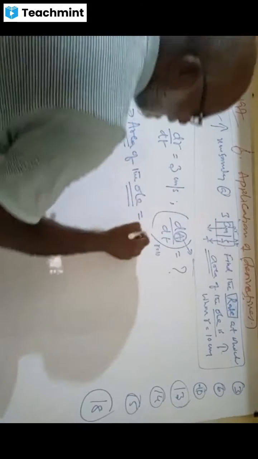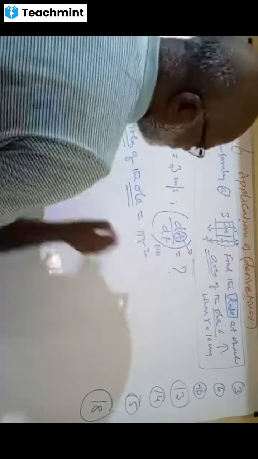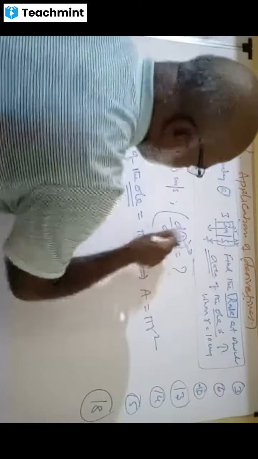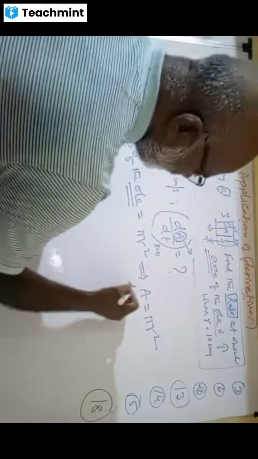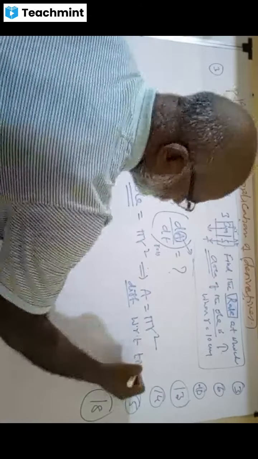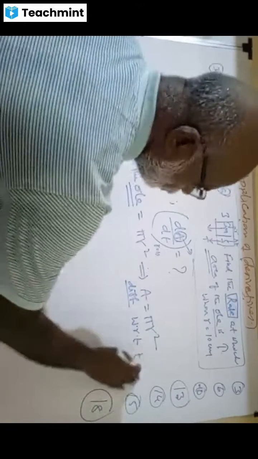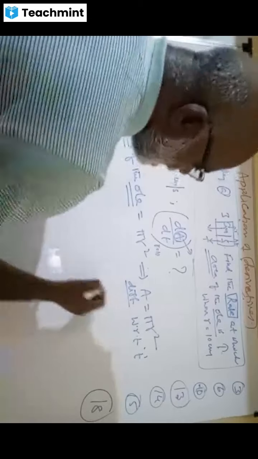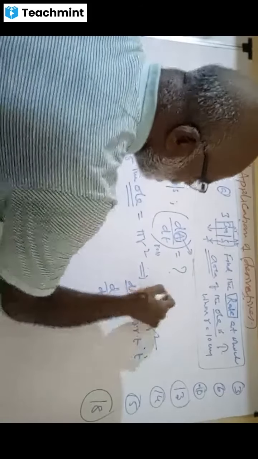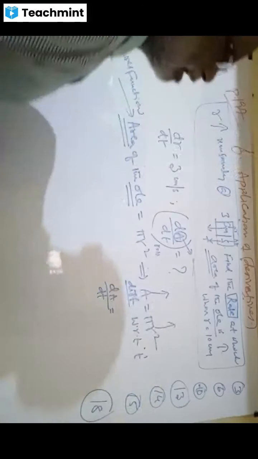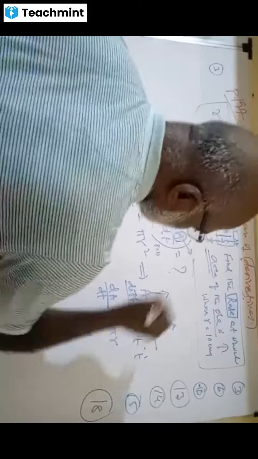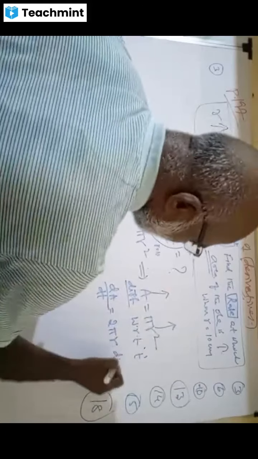So the area of the circle is A equals pi r square. Differentiating with respect to t, dA by dt. Here A and r are variables, therefore it is 2 pi r, pi is a constant, and dr by dt.